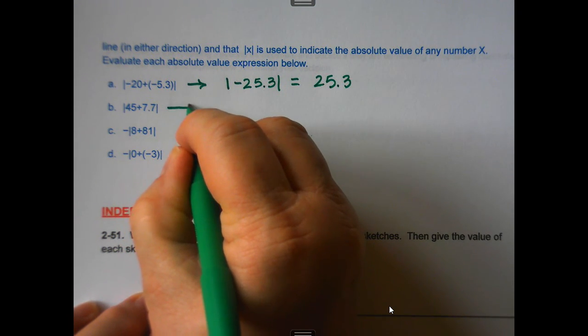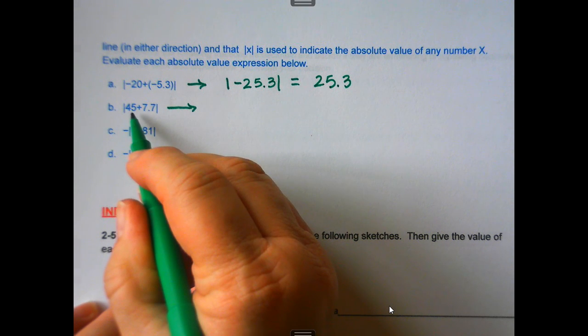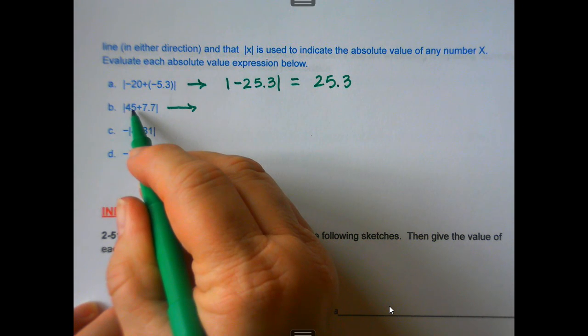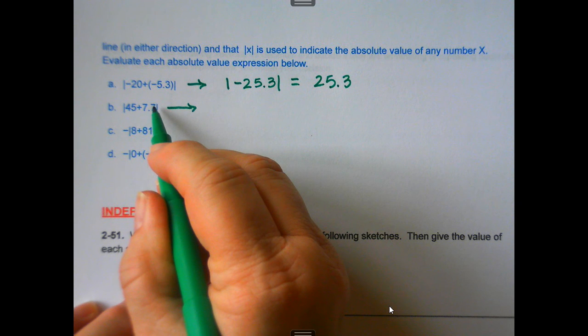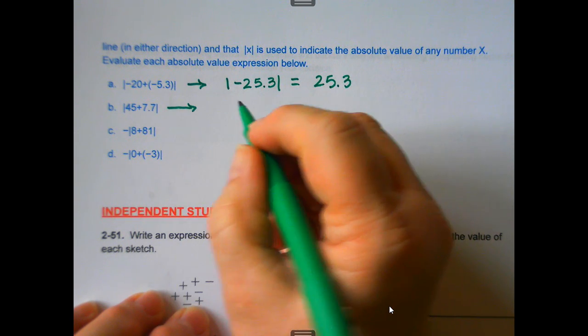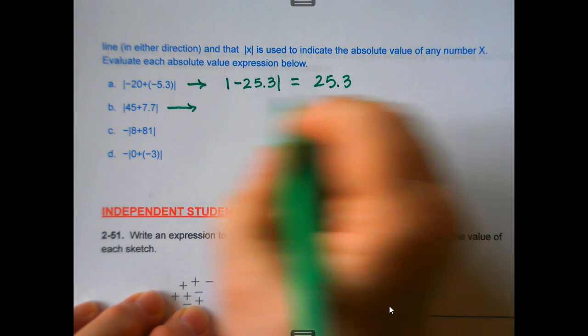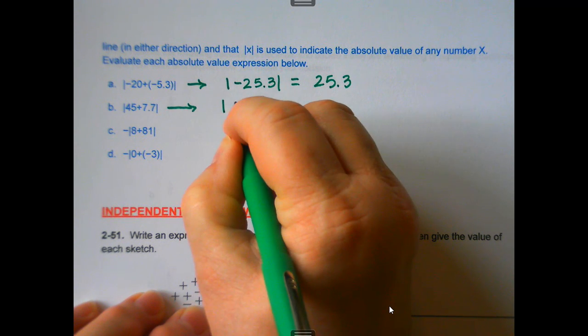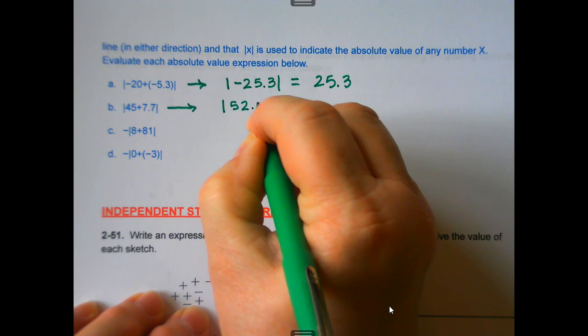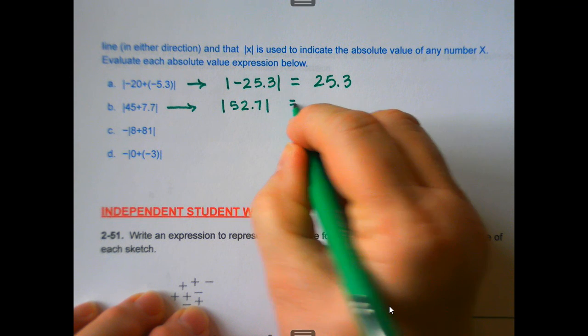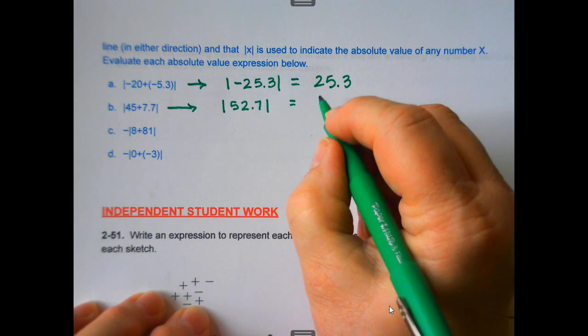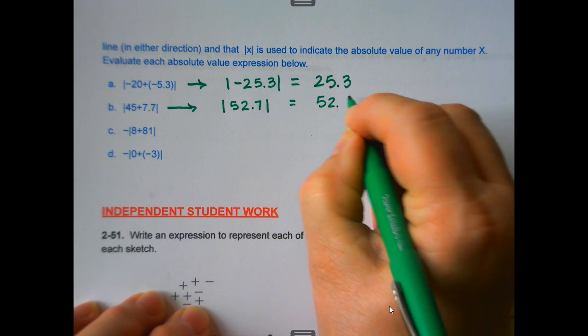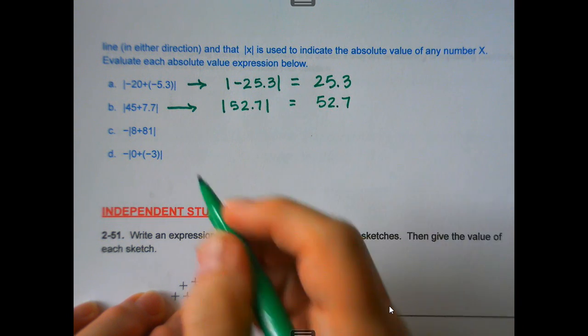This problem here, I need to combine the absolute value of 45 and 7 and 7/10 to get, let's see, 52 and 7/10. The absolute value of that is 52 and 7/10.